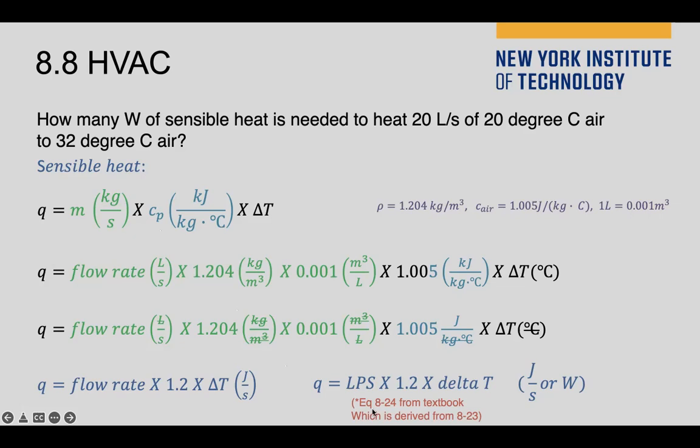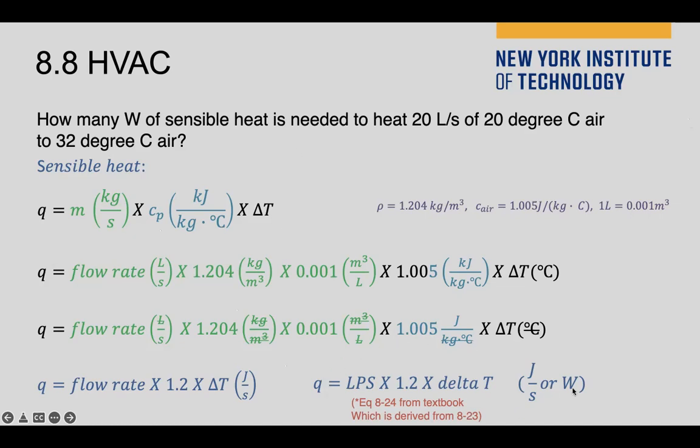So if we go through step by step, we can obtain this equation. Once we have this equation, we just simply put in the numbers. Now what numbers do we have? First, we have the volume flow rate, 20 liter per second, and also the temperature difference.